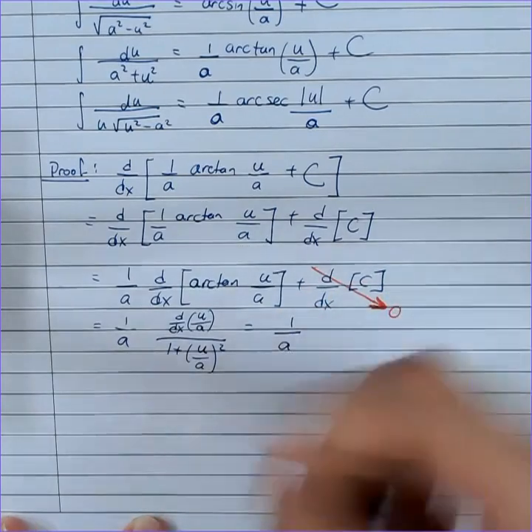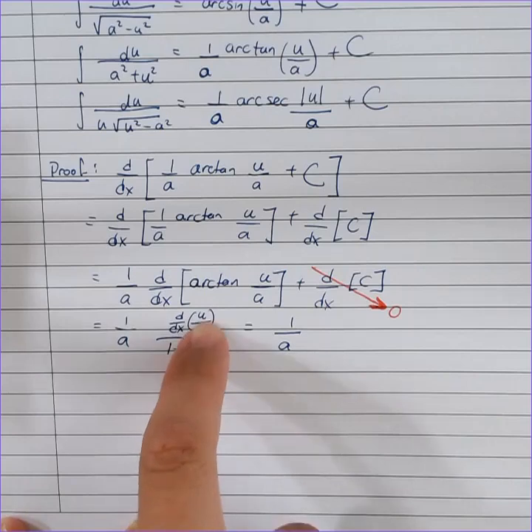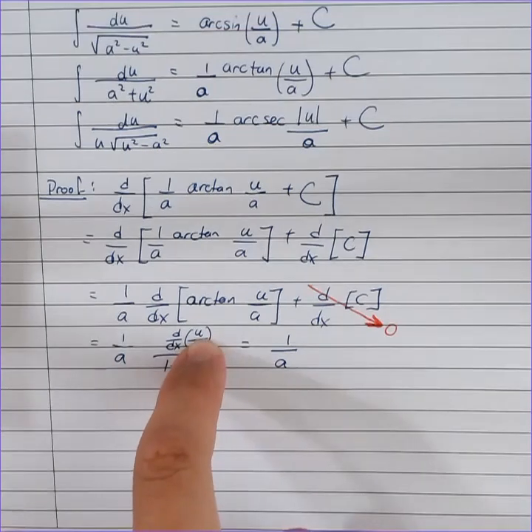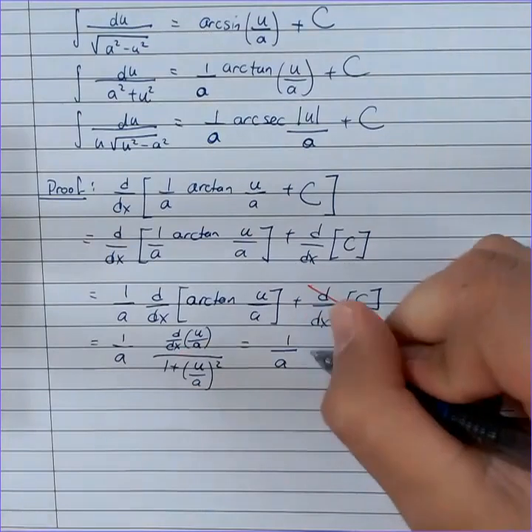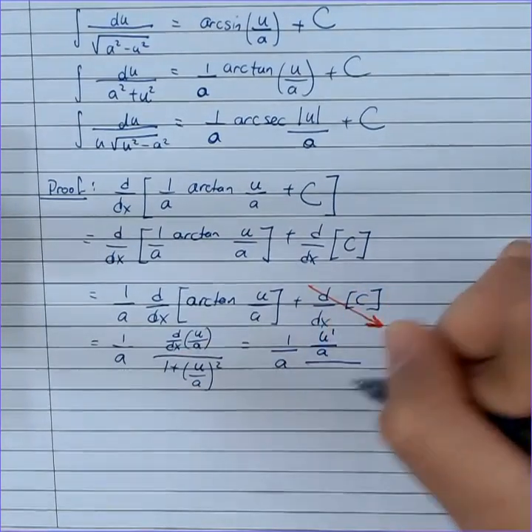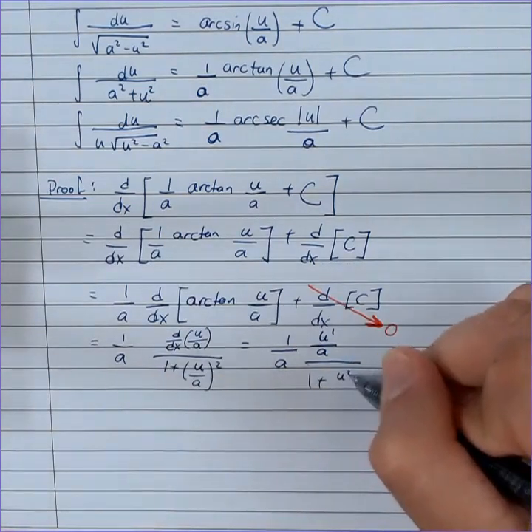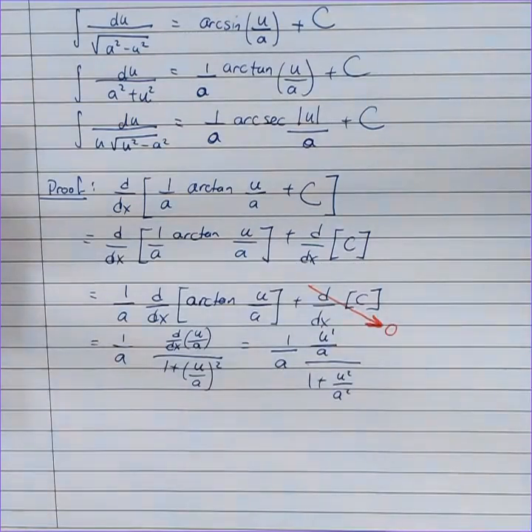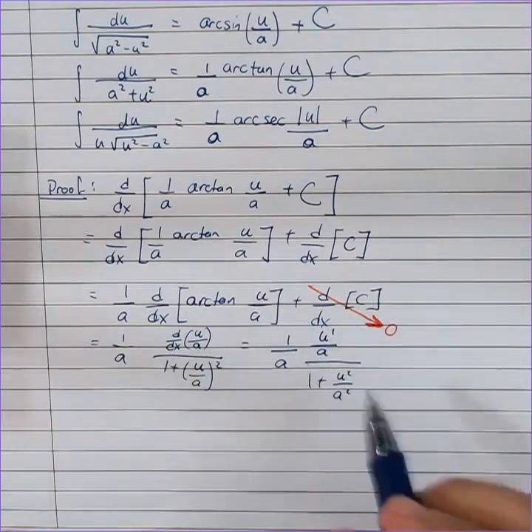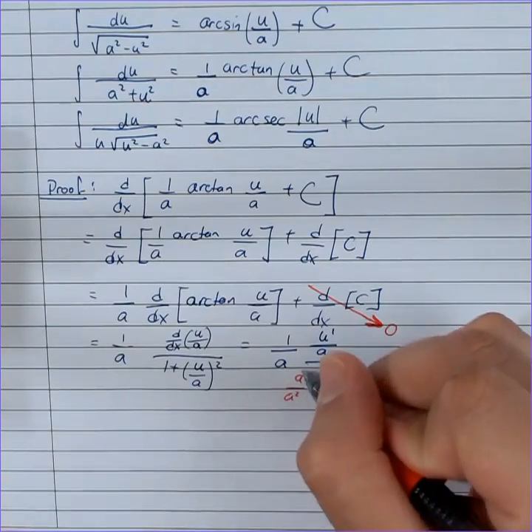So that's going to be 1 over a. The derivative with respect to x of u over a, well, remember, u is a function, so to take its derivative, it's just u prime over a, over, if we're squaring this, 1 plus u squared over a squared. Notice here, I can give these a common denominator by multiplying.